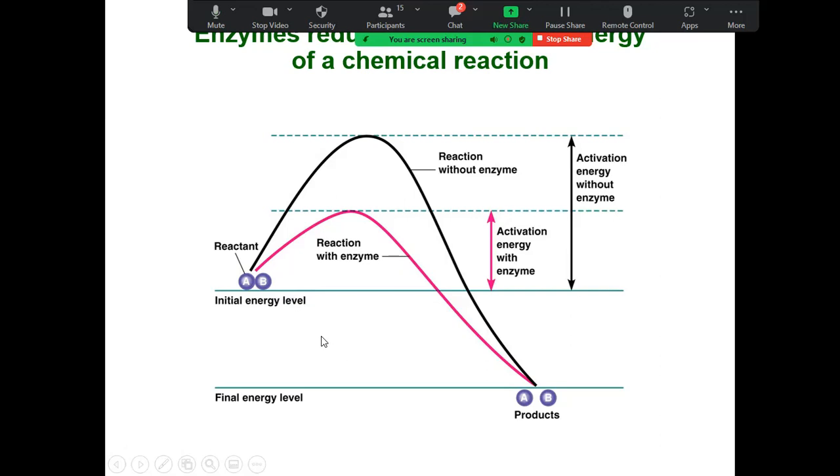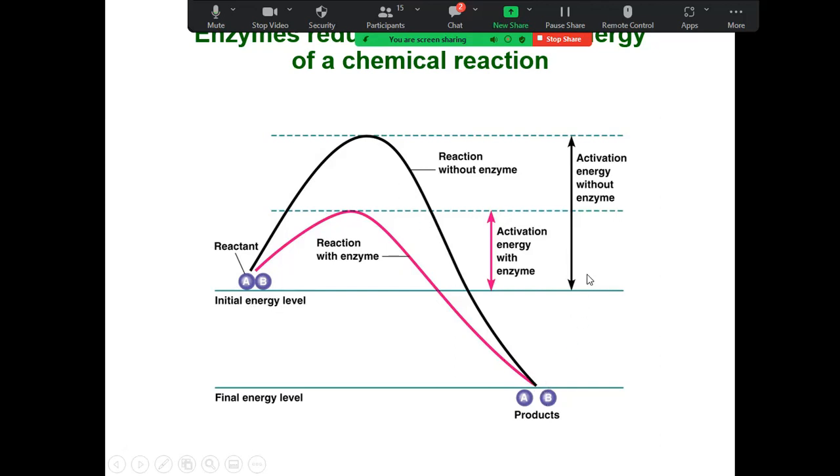The point shown here is that for the substrate to be converted into the product, we have to go over an energy hump. And there are two possible energy humps. One is the reaction without an enzyme, which requires the molecules to gain much more energy before the reaction will proceed.